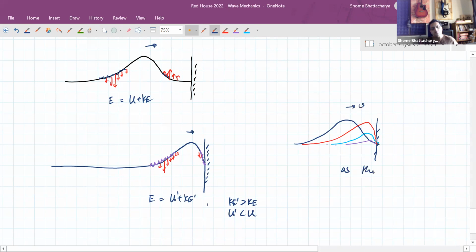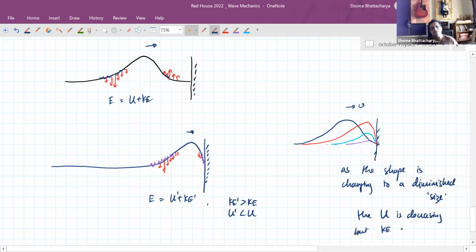So as the shape is changing to a diminished size, the elastic potential energy is decreasing, but kinetic energy is increasing. And all that is happening because of the elastic forces that are acting near the rigid boundary.